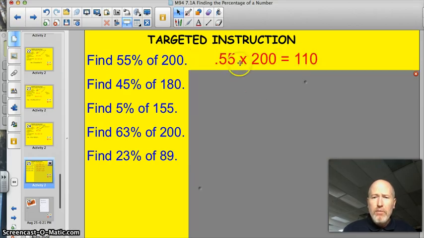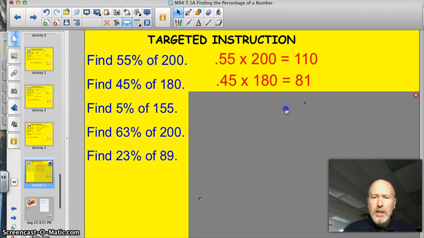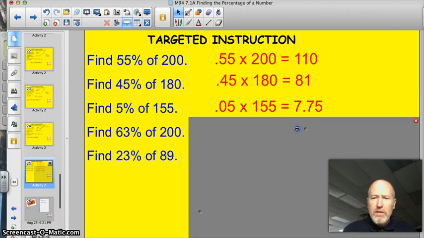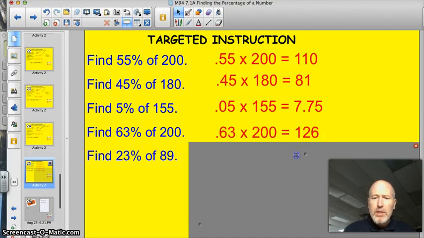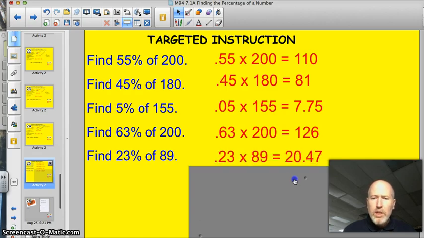Well, 0.55, move that decimal. 0.55 times 200 is 110. 45% of 180, again, divide by 100, move the decimal 2 spots to the left, you get 81. 5% of 155, 7.75. 63% of 200 is 126. 23% of 89, 20.47. How you doing? You get it?